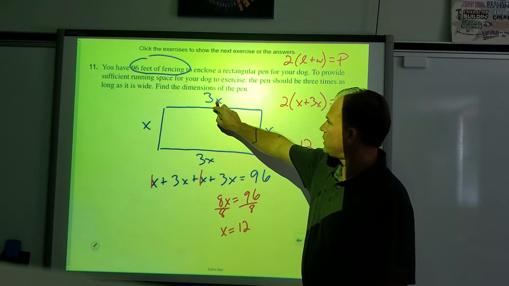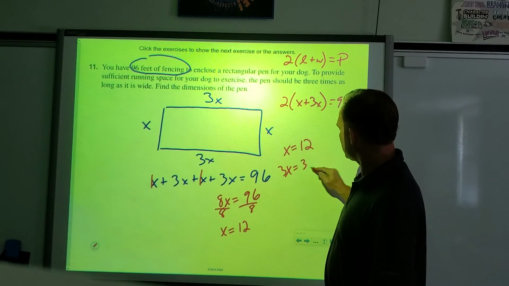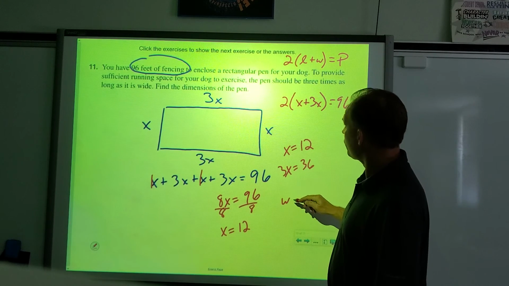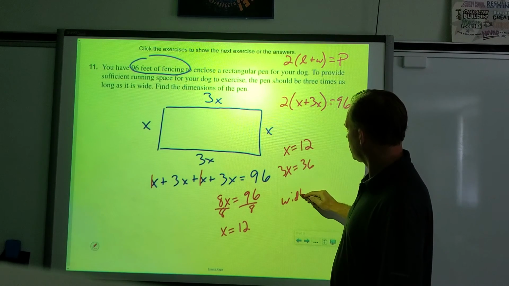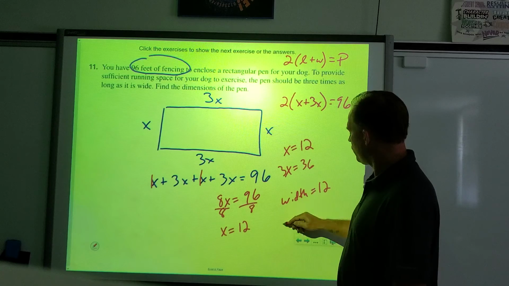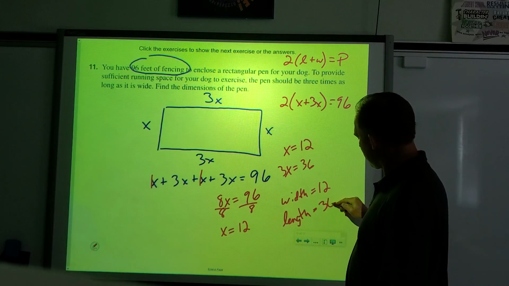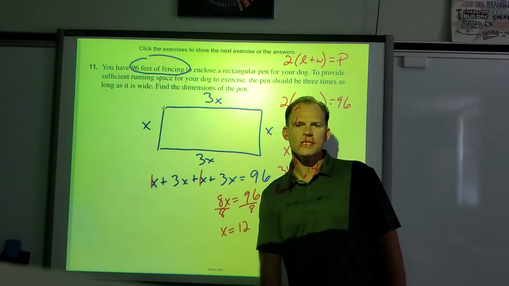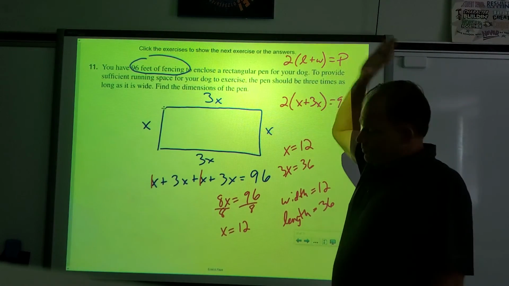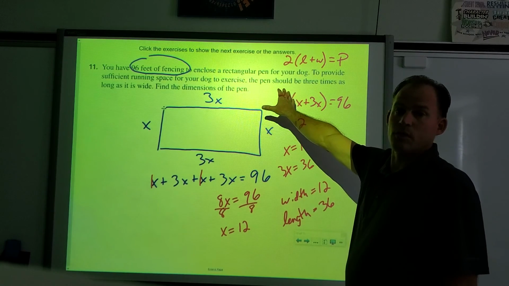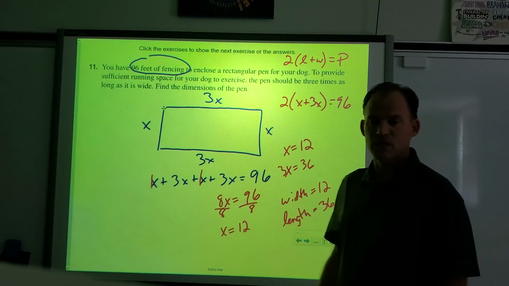If I plug it back in here, 3 times 12, 3x is 36, so the width is 12. The length is 36. All right, word problems. You gotta be good at word problems, okay? Gotta be able to apply that solving equations stuff.